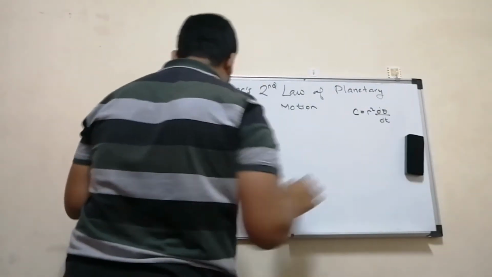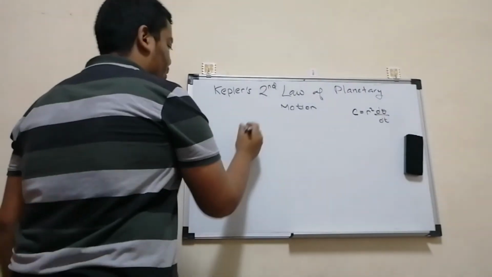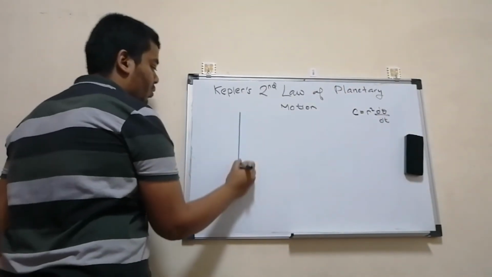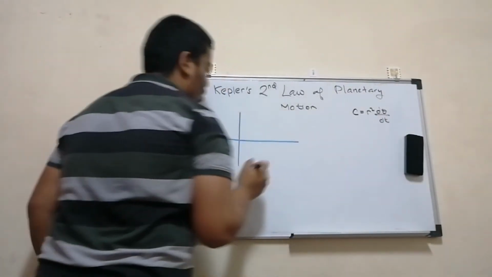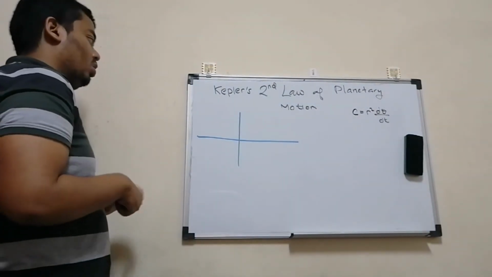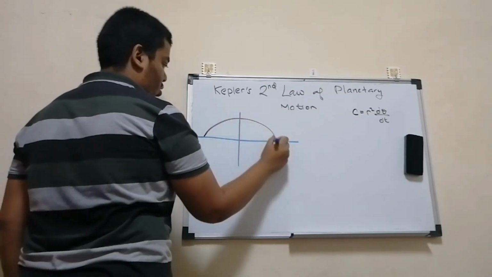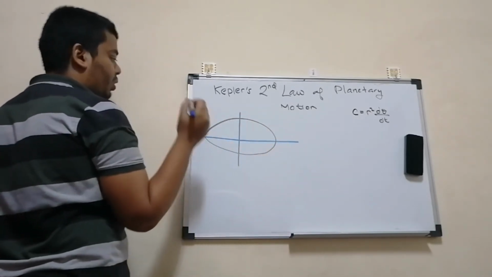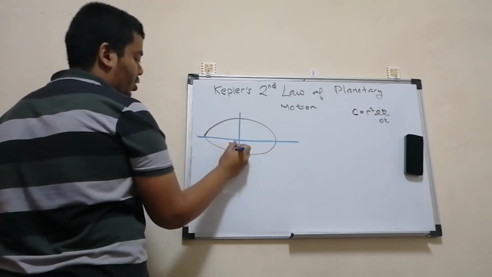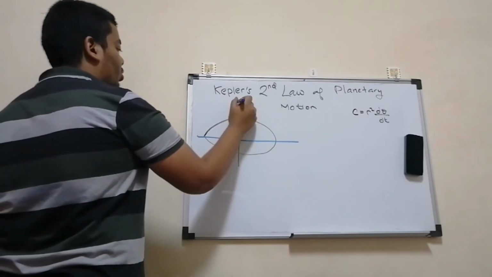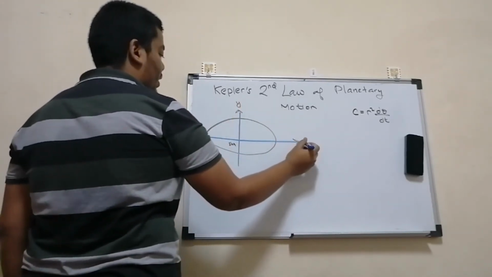There you go. And let's draw the path again. An elliptical path with the sun in the origin. Sorry for the bad drawing. We have y, we have x-axis here.